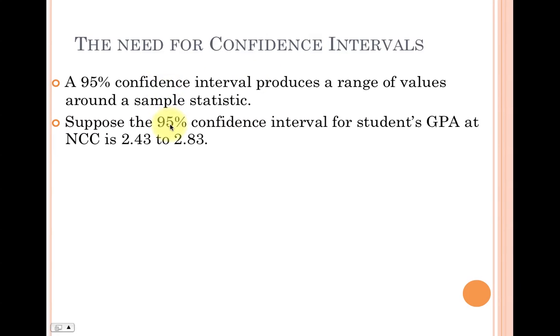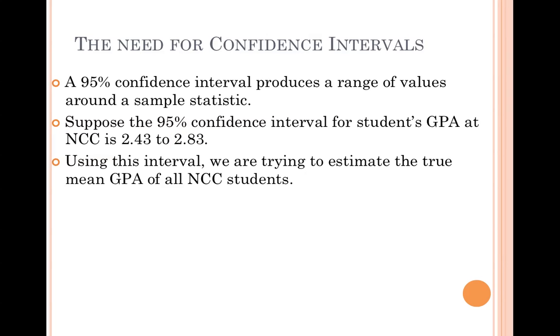We created a 95% confidence interval and it came out to be 2.43 to 2.83, an estimate for the mean student GPA at Nassau Community College. So using this interval, what we are trying to do is estimate what the whole population mean GPA of Nassau Community College students would be. Okay, because this interval is used to estimate the whole population.